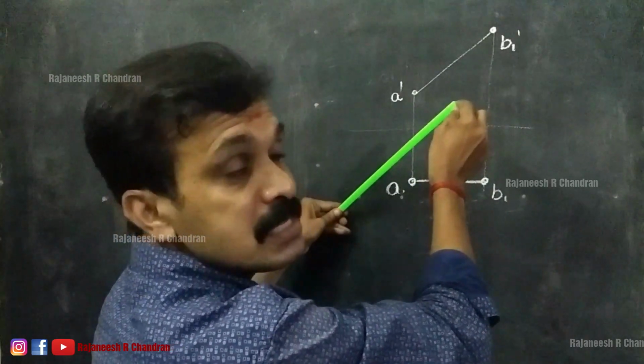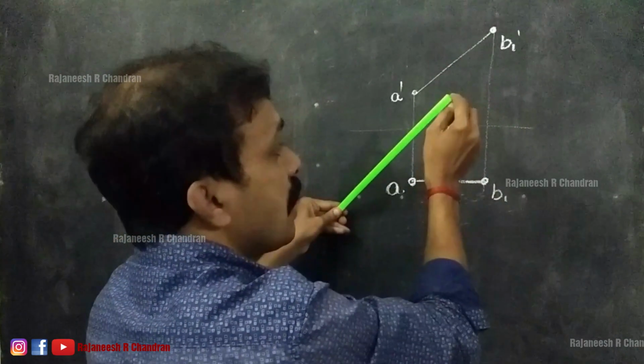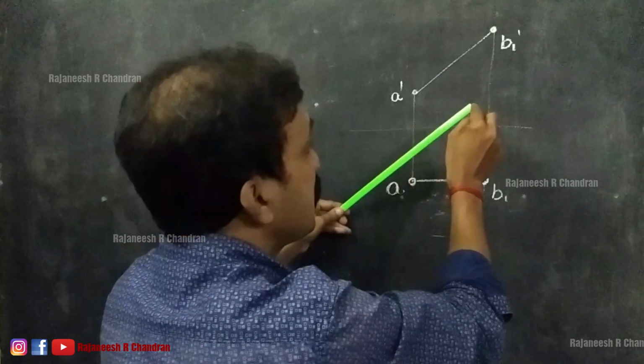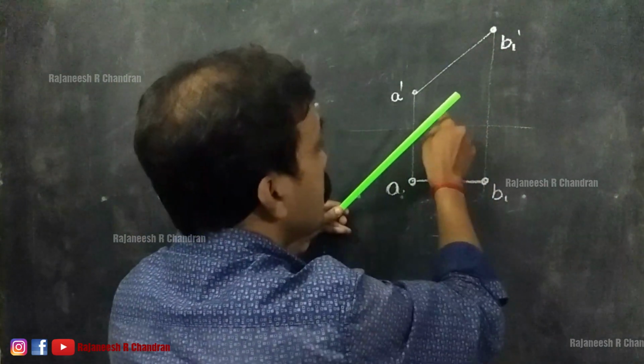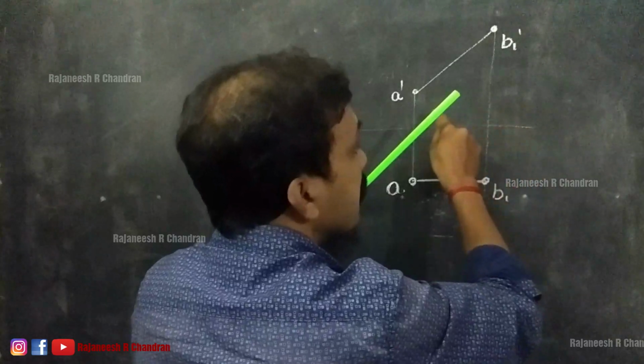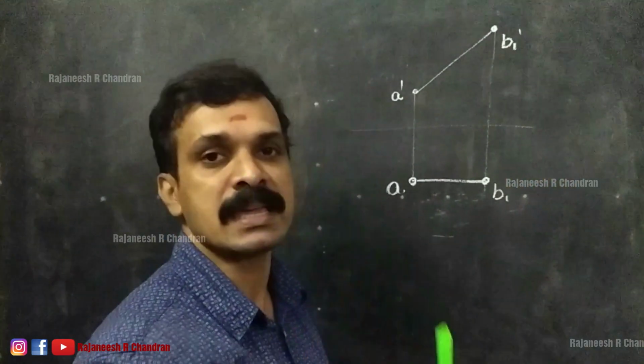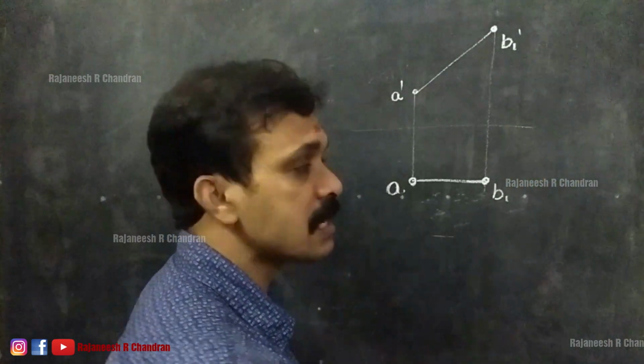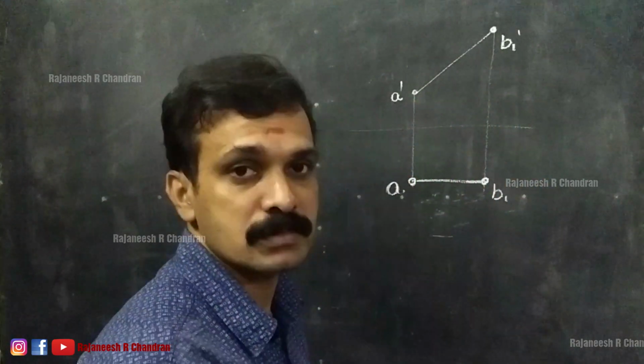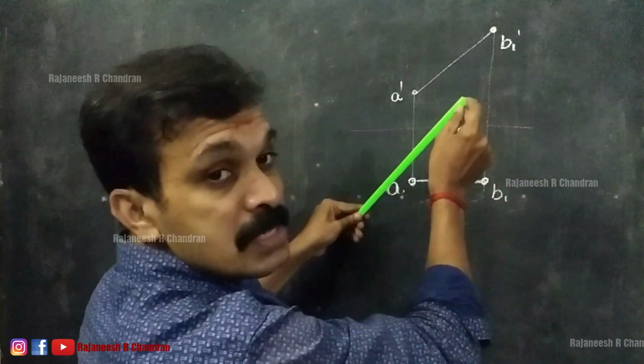So this point will be projected here at this position, and while we are rotating this line, the point will be moving along a line like this. That line is known as the locus line of this endpoint.